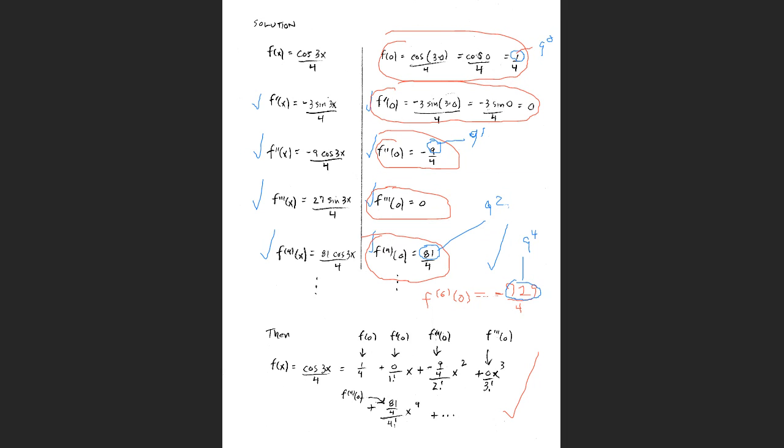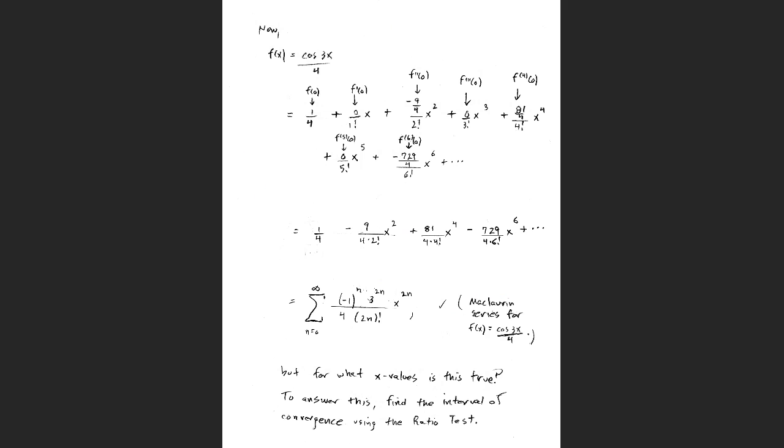All right. So we're putting in the values in our Maclaurin series formula, and I've added a little bit of context for you. Then we go to the next page.